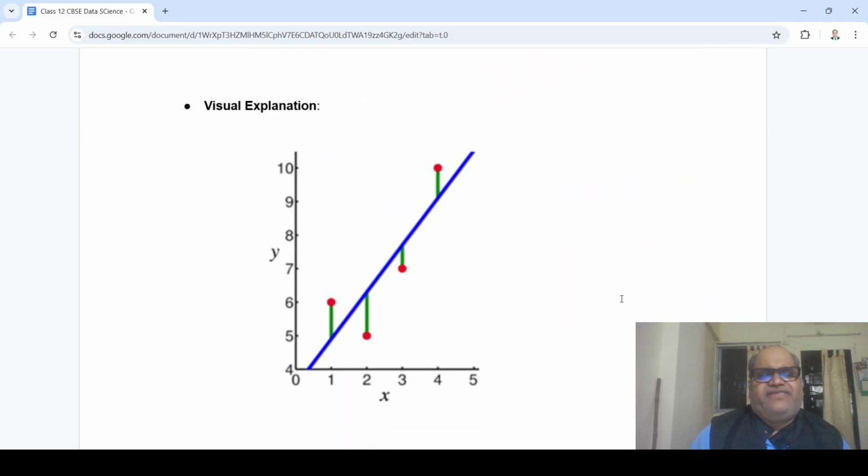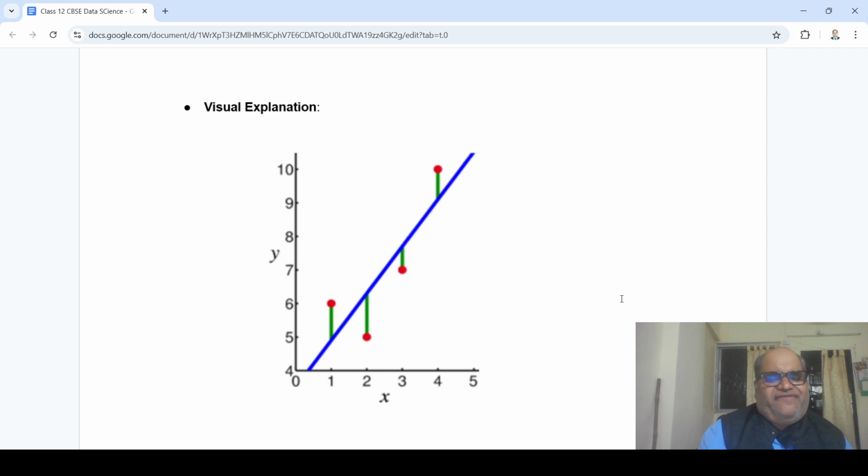So if you look at this diagram, the straight line that you are seeing and the red dots that you have, the magnitude of these, or the square of these, is what has not been explained by this line.